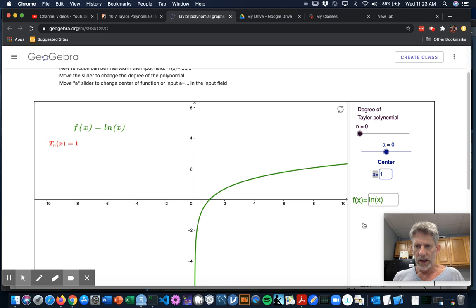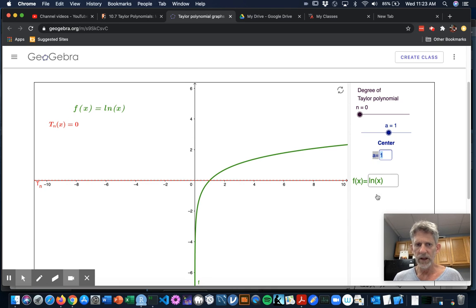Okay. And there we go. And so right now it's giving me the 0th Taylor polynomial. So that would be just the constant log of 1. It'd be the f of a. And so that's just log of 1, and log of 1 is 0.